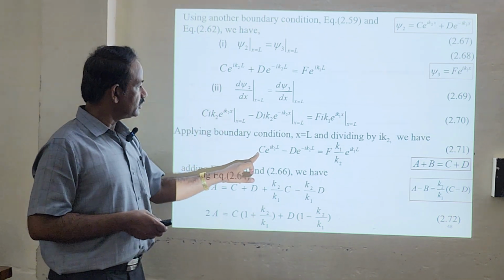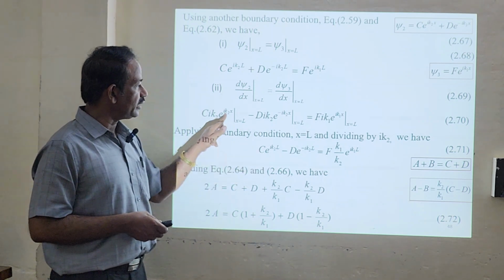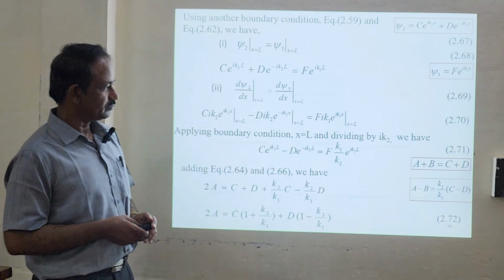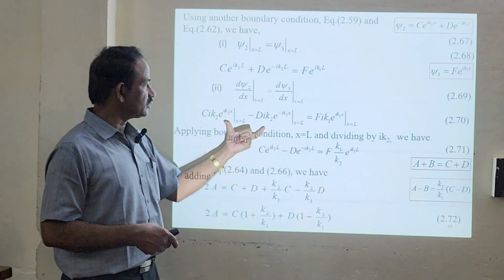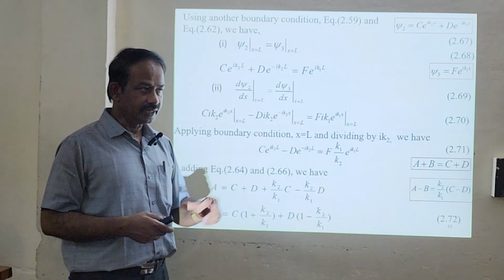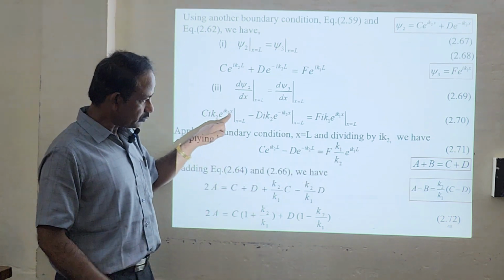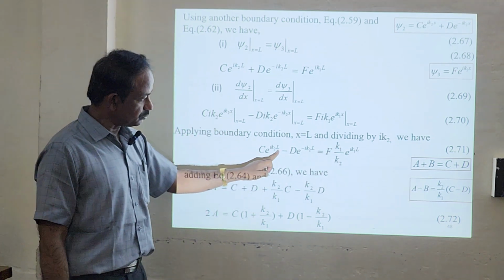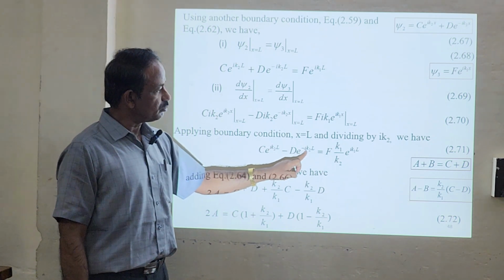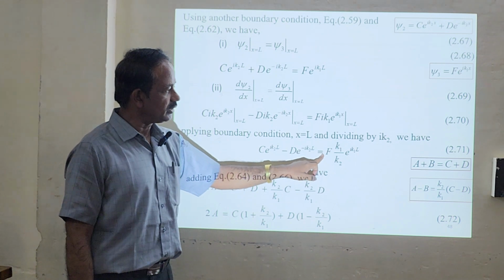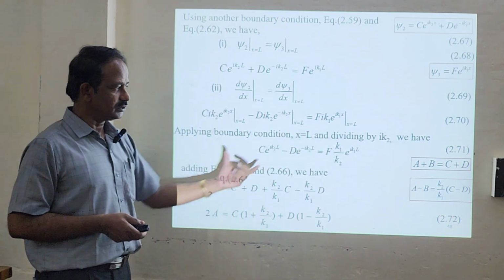The i gets cancelled, of course. Just take k2 common and bring that k2 to the right hand side. So you get C e to the power ik2L minus D e to the power minus ik2L, which is equal to F k1 by k2 e power ik1L. Is it okay?